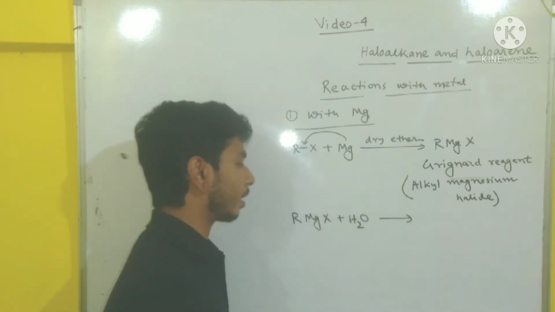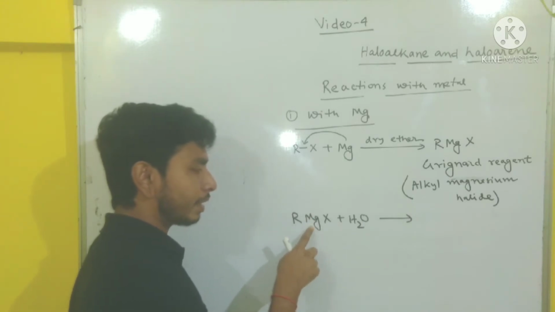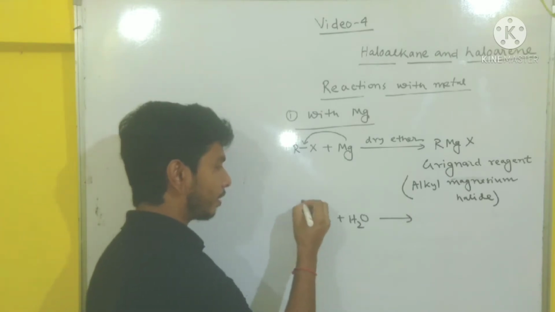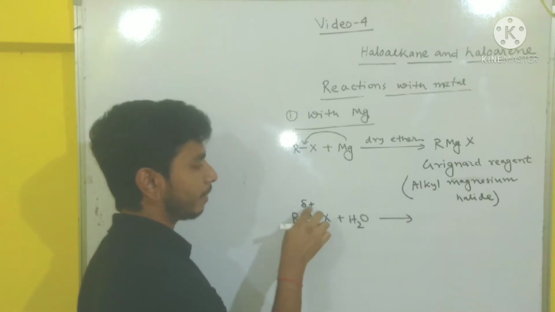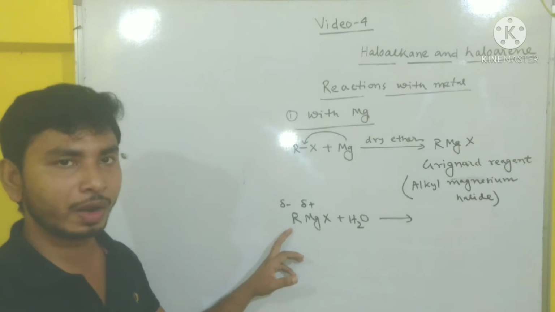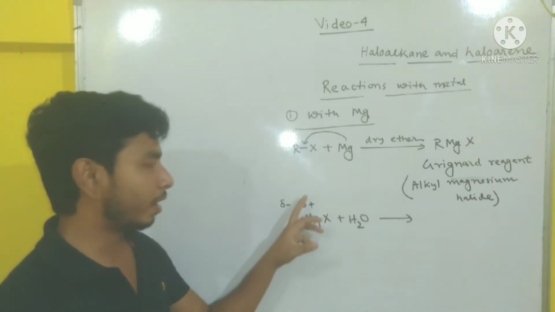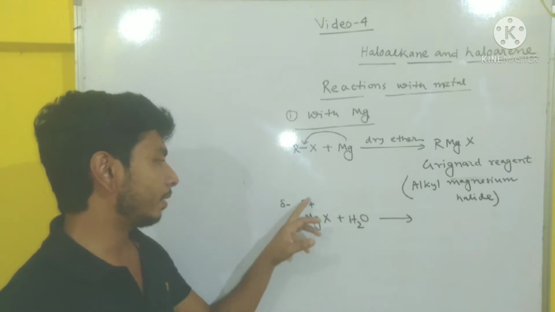And what is the product? Now R and Mg. Magnesium is metal. Metals are always electropositive. That is, magnesium is positive and the alkyl group is negatively charged, comparatively electron rich. So in RMgX, magnesium is delta plus.